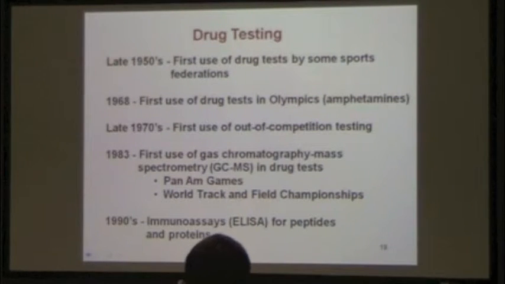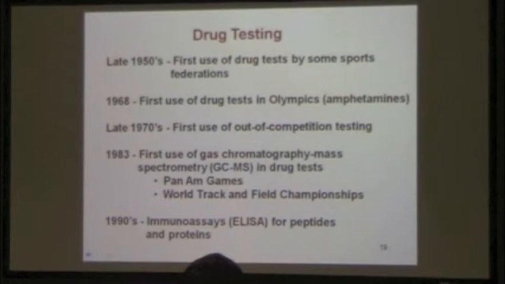So the use of GC mass spec took everybody by surprise. In fact, when the word started getting out, hey, they know what I took, a lot of the athletes didn't even bother to participate. They went home because they knew what the result would be.